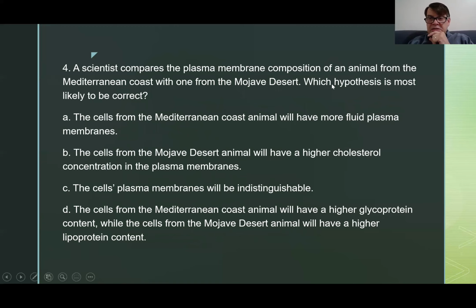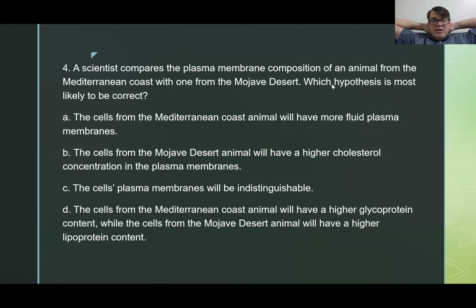A scientist compares the plasma membrane composition of an animal from the Mediterranean coast with one from the Mojave Desert. Which hypothesis is most likely to be correct? A, the cells from the Mediterranean coast animal will have more fluid plasma membranes. Well, I don't know.